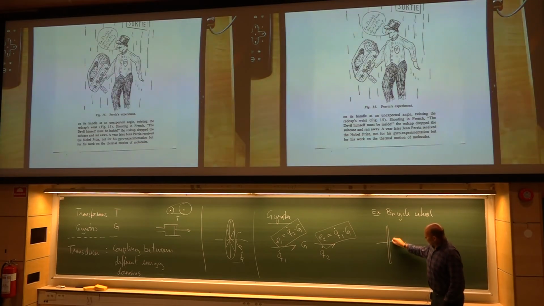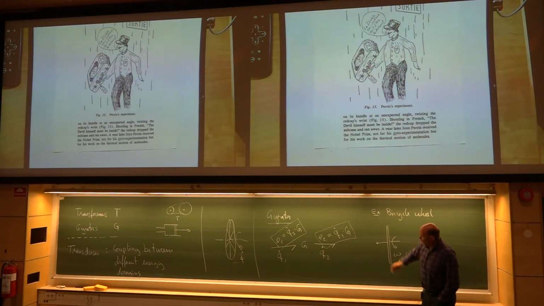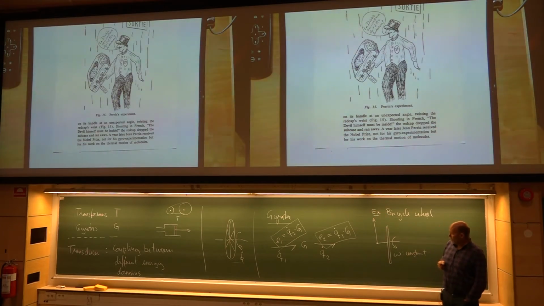The wheel is turning with a constant rotational speed, say omega, constant. Then you take a string and you attach it to one end of this axis, and then you hold it in this string. Now what's going to happen?